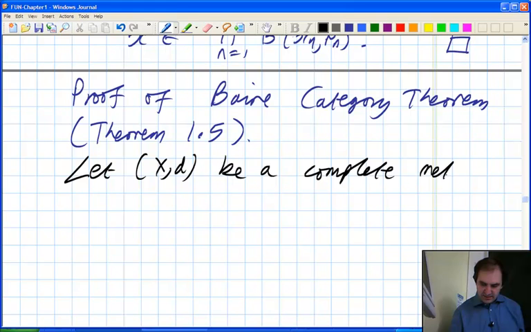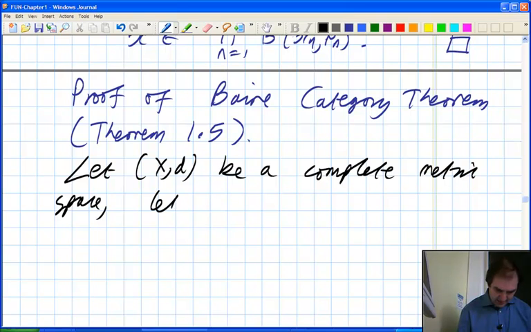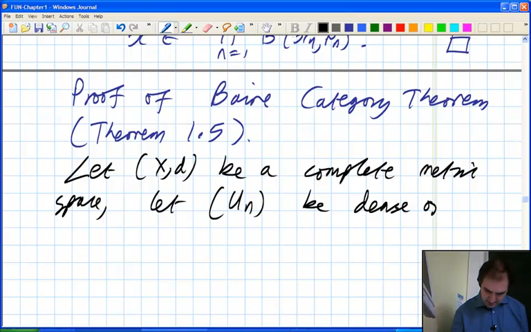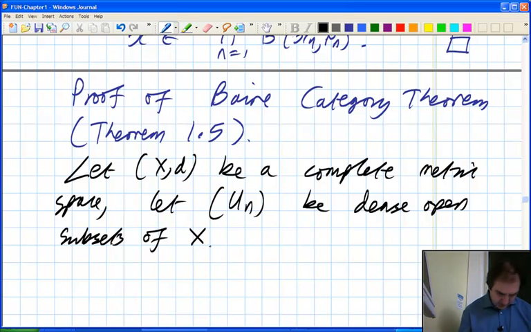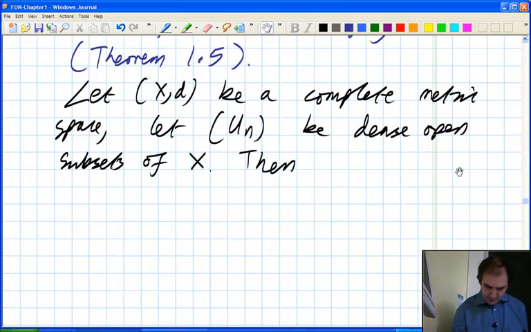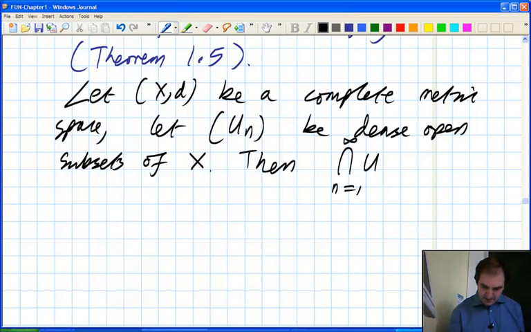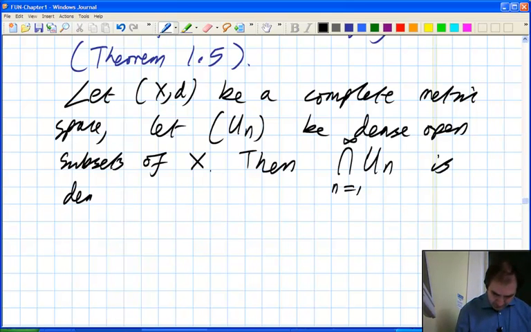Let XD be a complete metric space, and let Un be dense open subsets. Then the intersection from n equals 1 to infinity of Un is also dense in X.